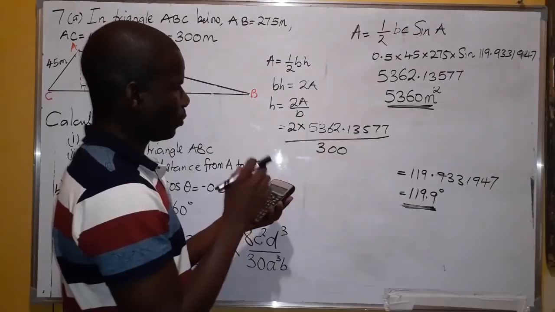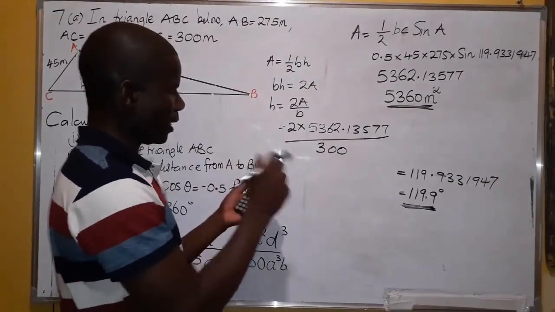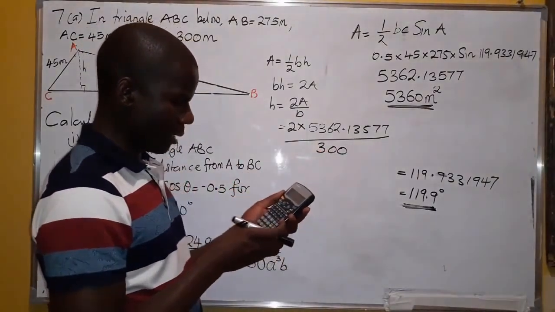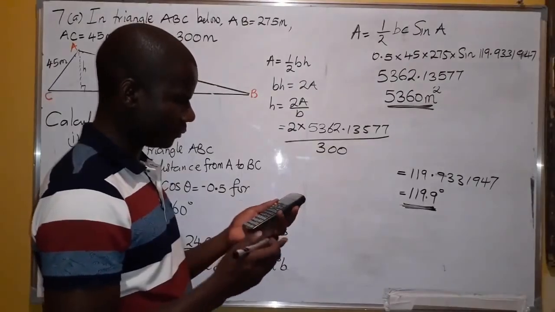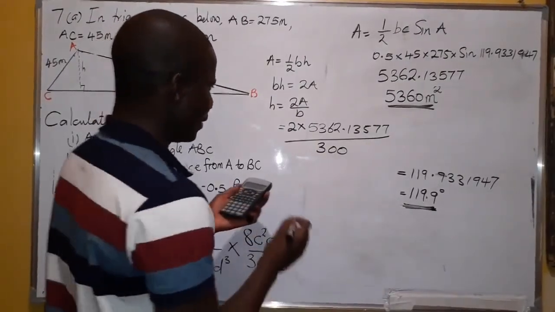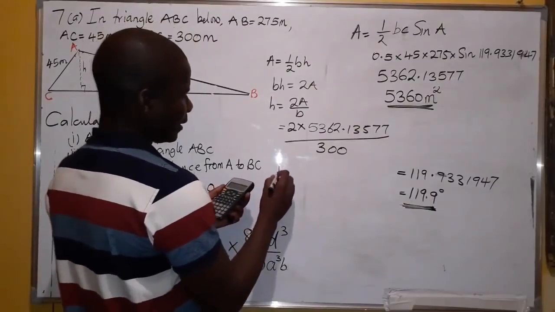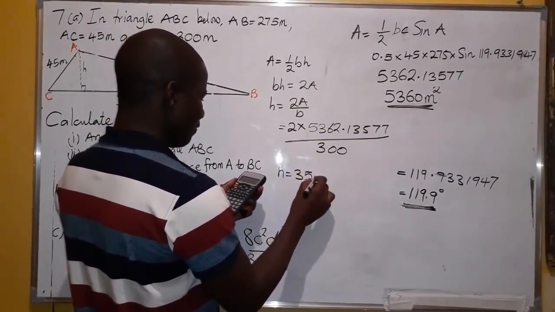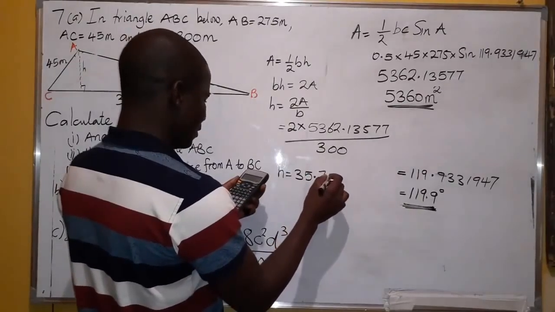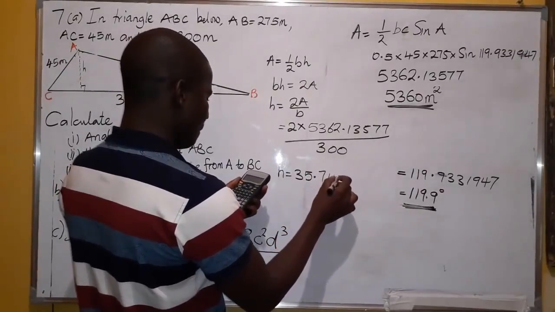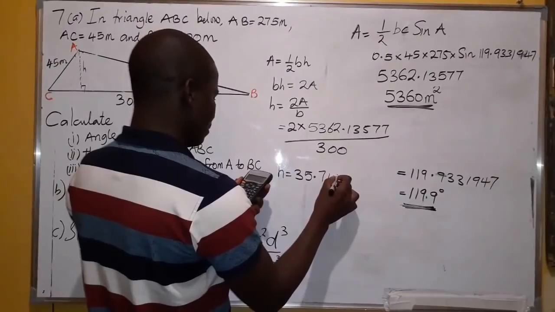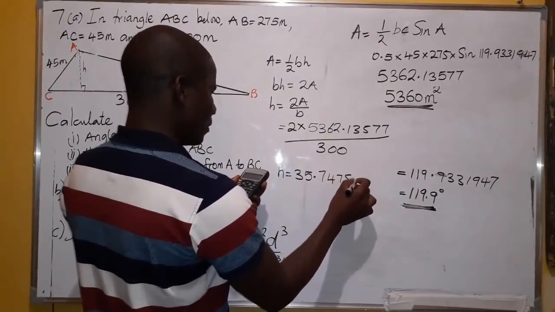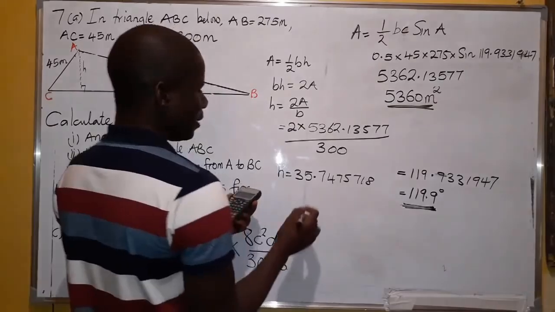Okay? So when you multiply it by 2, then you divide by 300. Divided by 300. So we are going to get that H is equals to 35.7475718.